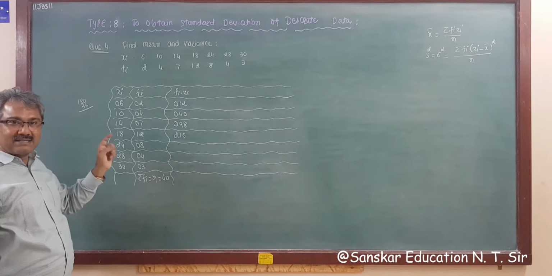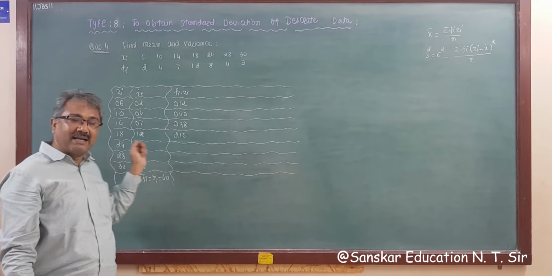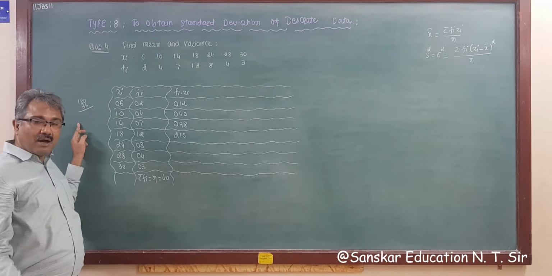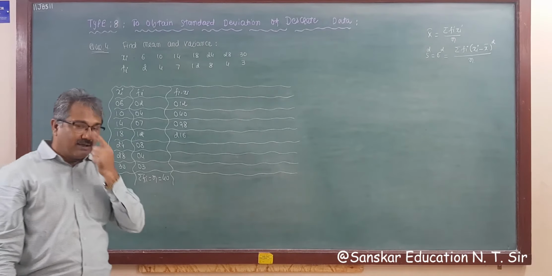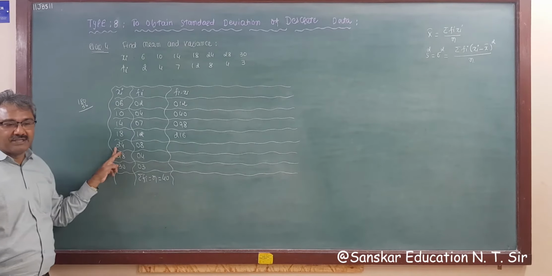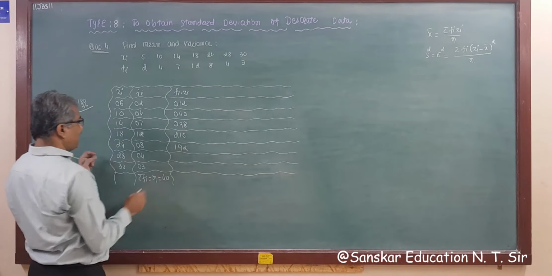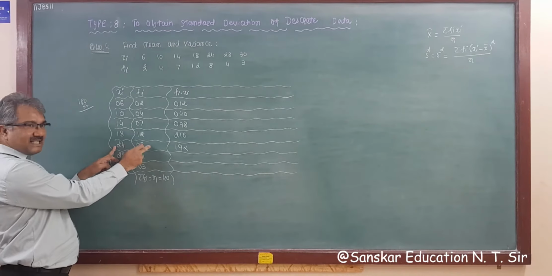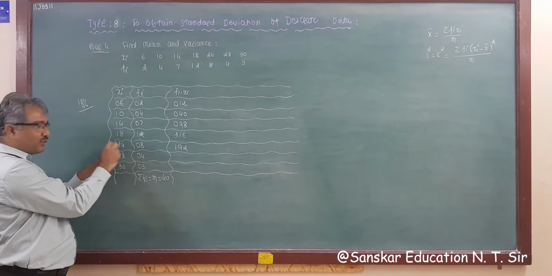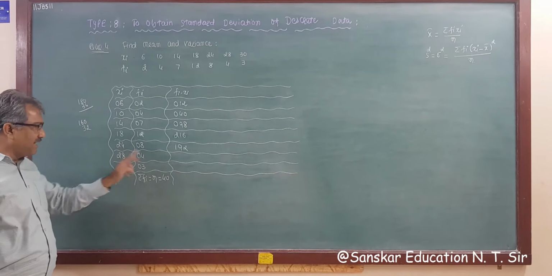In earlier classes, in the bridge courses, I gave all these types of shortcuts, how to multiply easily and quickly. So 24 into 8 is 192: 20 into 8 is 160 and 8 into 4 is 32, so 160 plus 32 is 192.